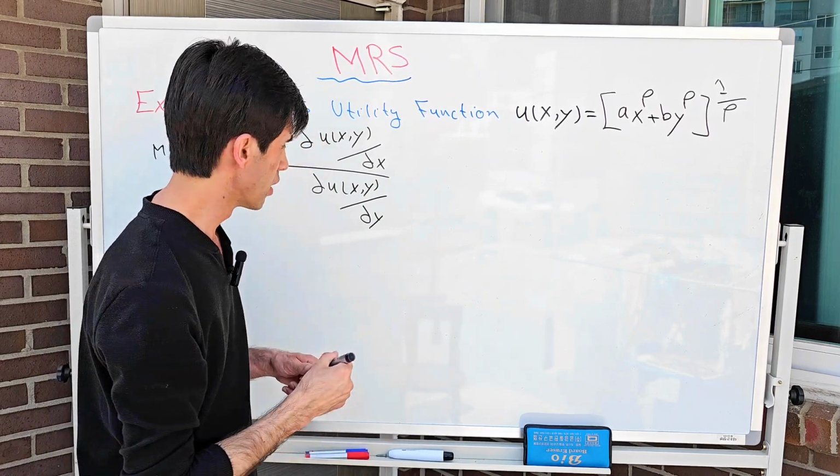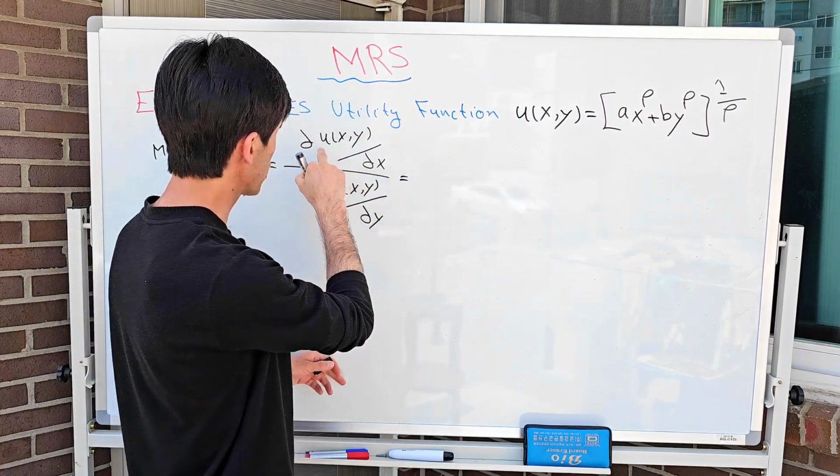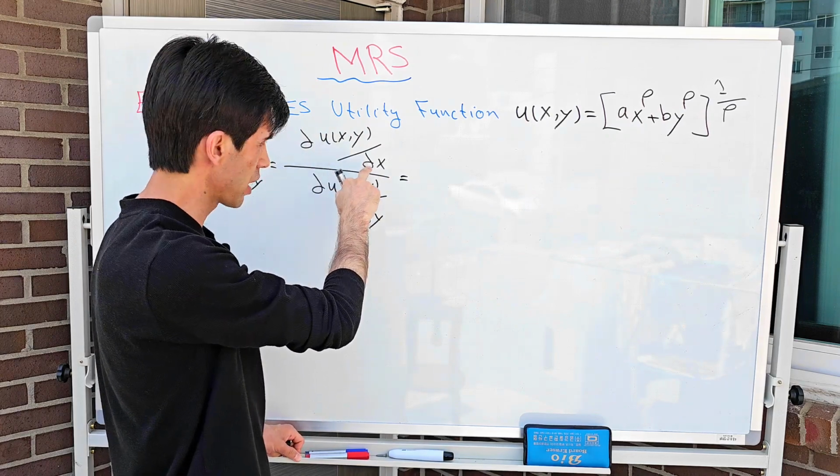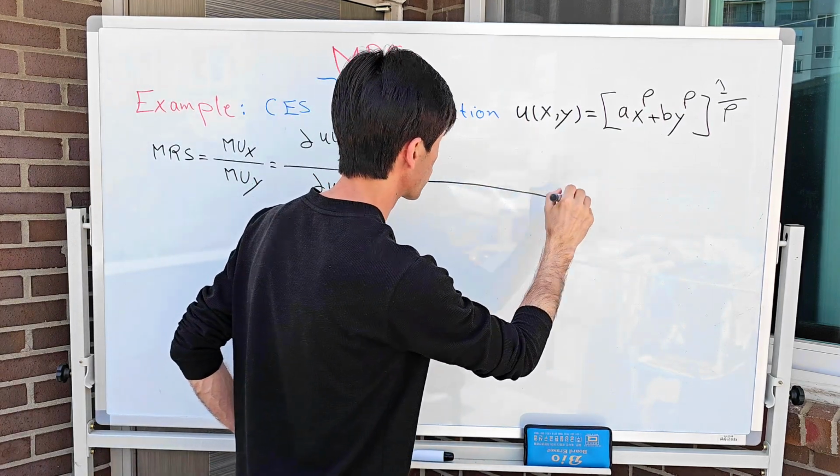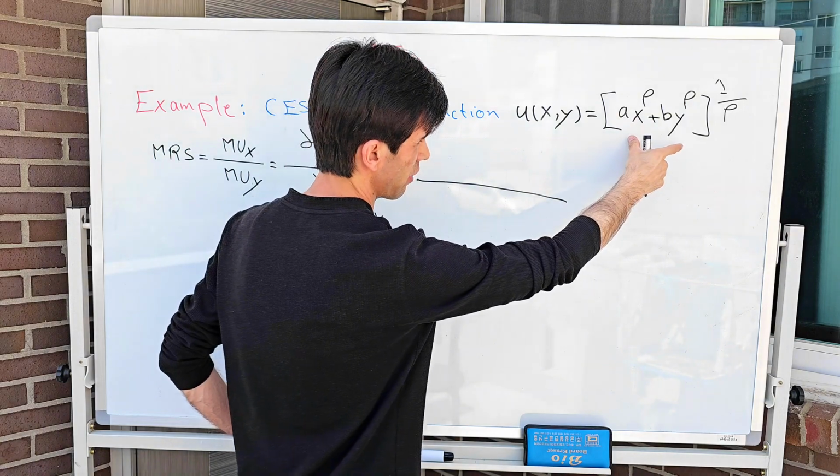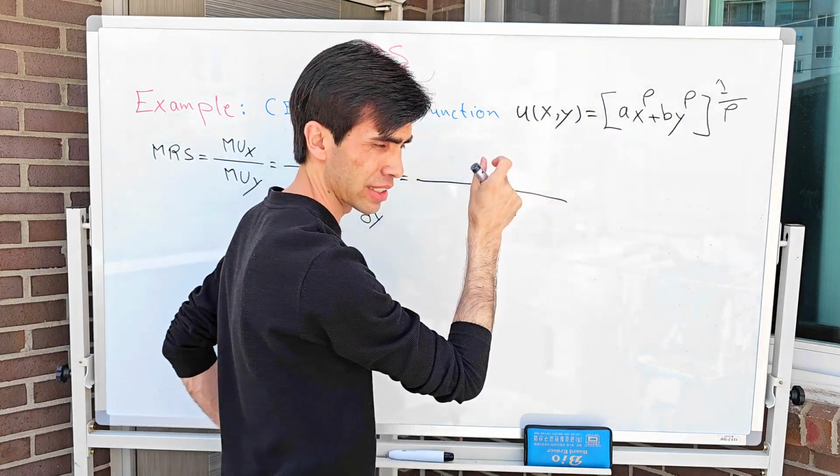So let's do it. First of all, the partial derivative of the utility function with respect to x is equal to this one. Let's take the derivative of this function with respect to x.